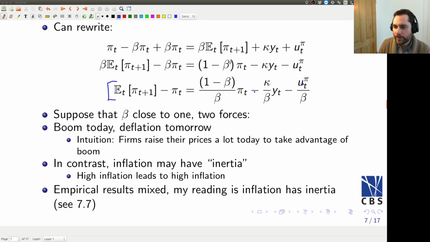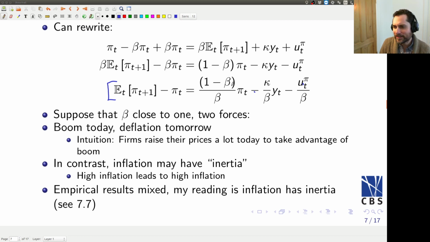Suppose that beta is very close to 0. It means that basically people don't think about future inflation when they're thinking about setting prices today, or inflation today doesn't depend upon expectations of inflation. If that's the case, then inflation tomorrow is just going to be like another random draw.